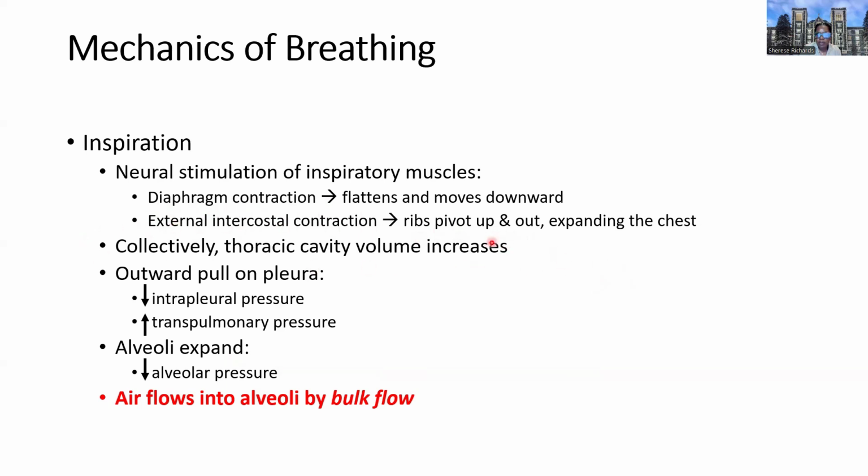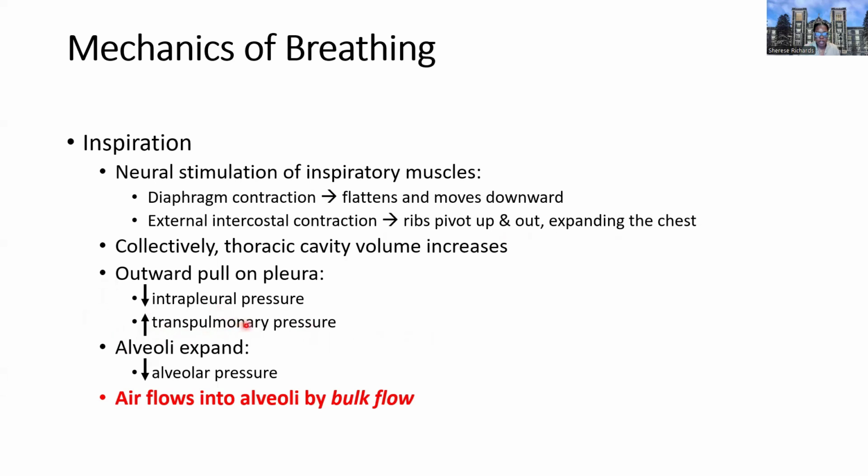Together, these things increase the volume, and they also pull on the pleura. Because of those two forces, the intrapleural pressure drops, remember that it must be negative or lower, and the transpulmonary pressure increases. So the lower the intrapleural pressure goes, the higher the transpulmonary pressure goes.